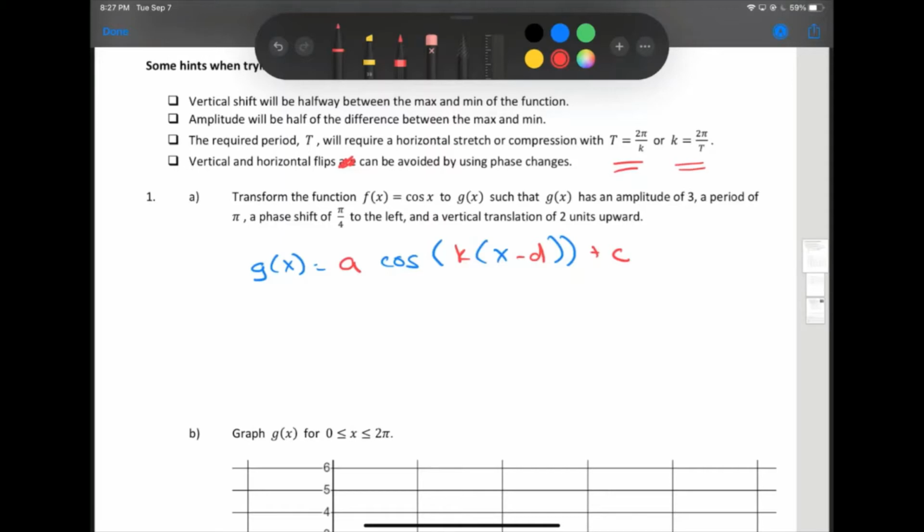So that's the most generic version we can possibly get of it. And now what we want to do is see if we can replace those letters one at a time.